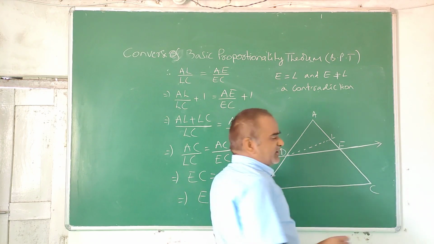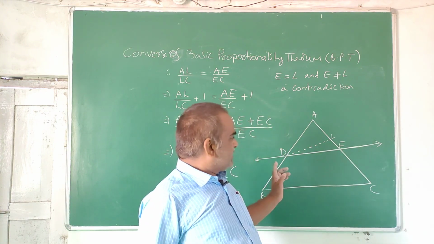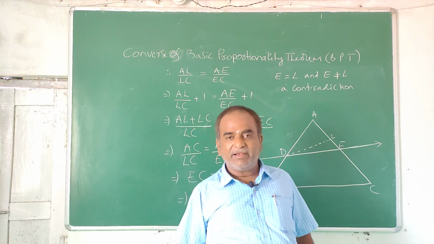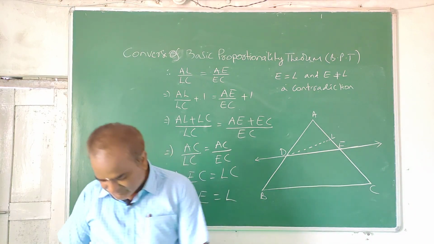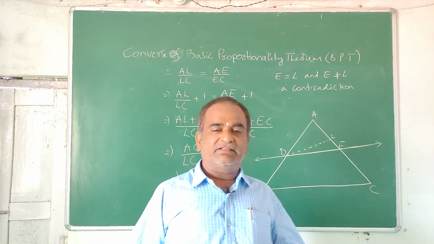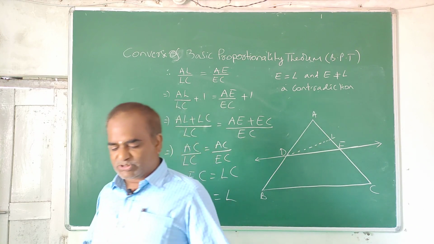Therefore, our assumption is wrong. Therefore, DE is parallel to BC is correct. This completes the converse of the basic proportionality theorem.